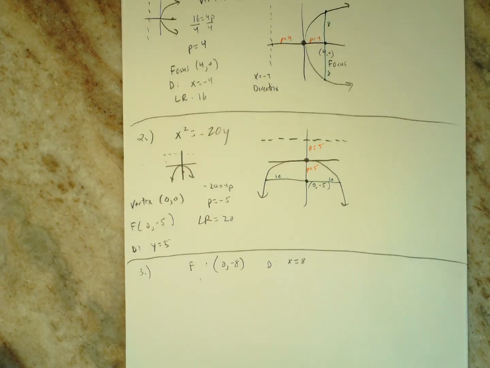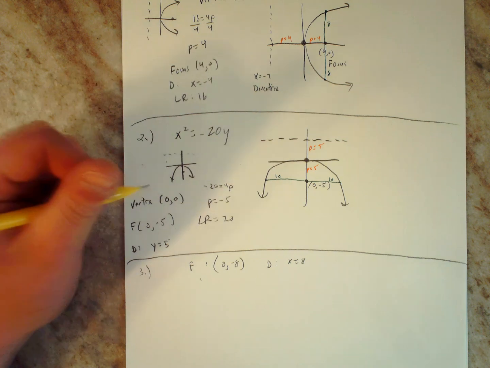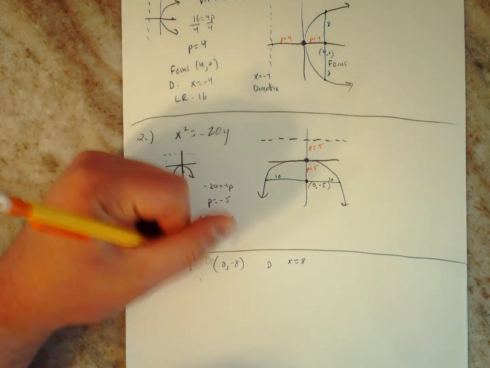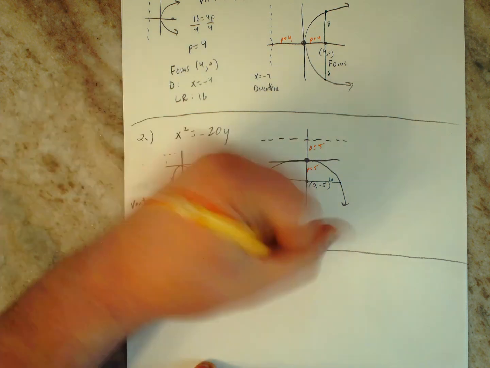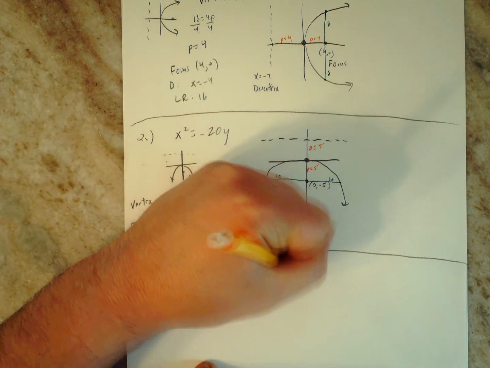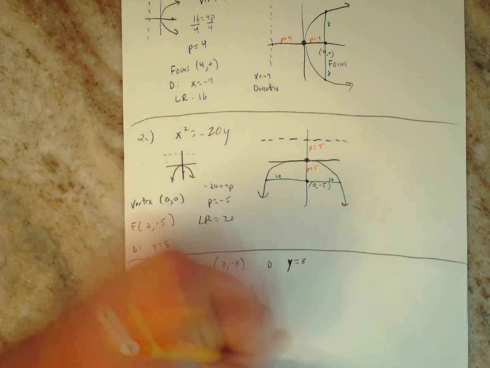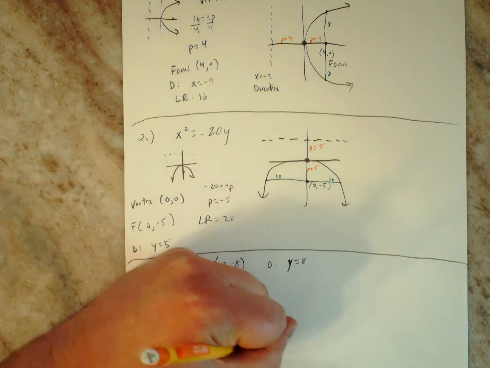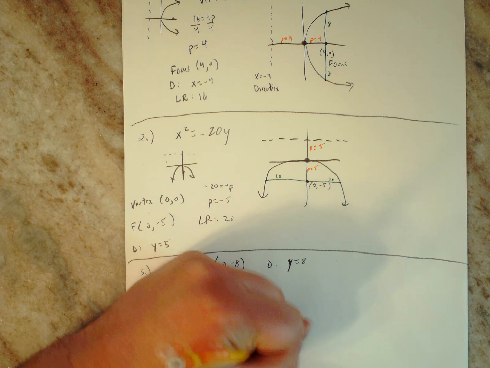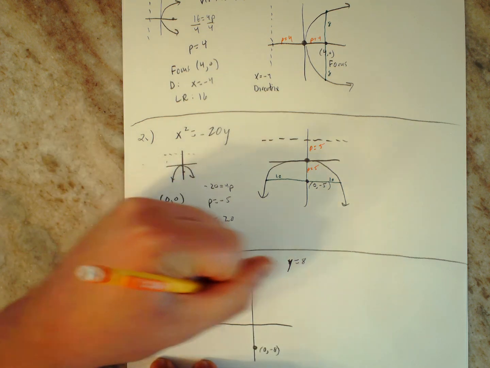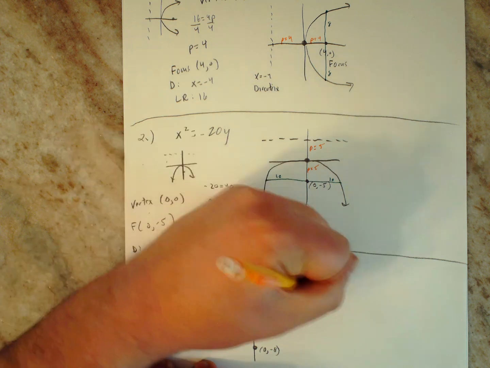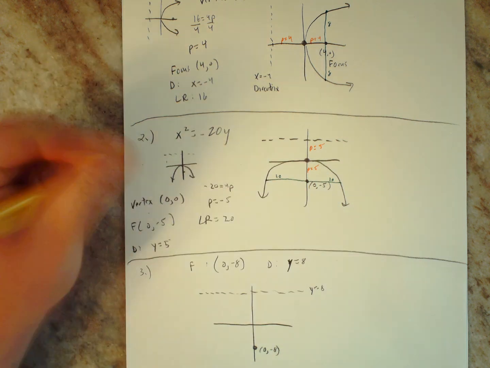All right, number 3 down here. We have a focus at 0, -8, and a directrix at y equals 8. So I'm going to just graph this. My focus is down here at 0, -8. My directrix is up here at y equals 8. So very similar to the one we just did.